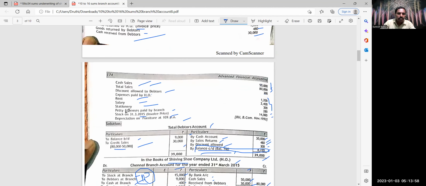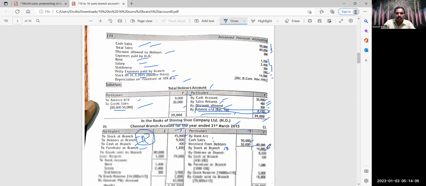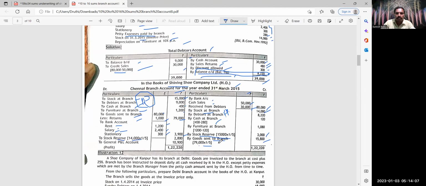Petty expenses paid by branch, 280 rupees. So subtract it. That is the expenditure done. 400 minus 280 is 120, the balance there. Furniture, opening balance 1,200 minus 120, that is 10% depreciation, 1,080. So here the data has to be written. So debtors, how much?